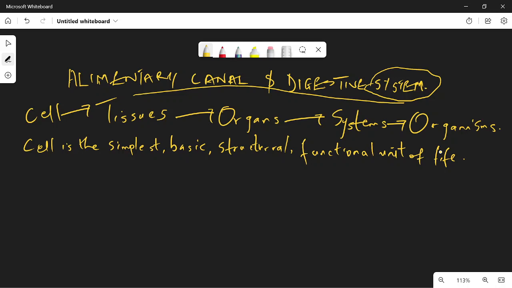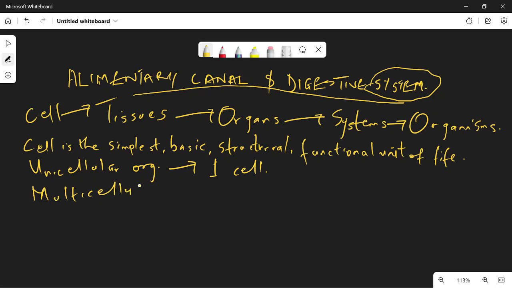Now we have different organisms depending on the type or the number of cells that they have. We have those that are referred to as unicellular organisms. Those ones have just one cell. And we have those that are referred to as multicellular organisms.